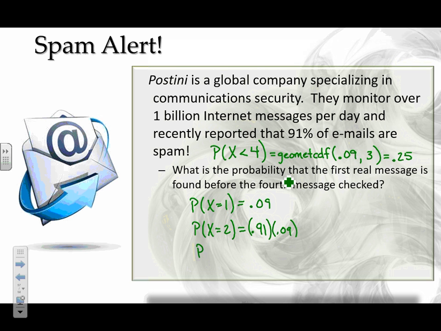And then you have to do the probability that x is equal to 3, which would be 0.91 squared times 0.09. And then you have to add these three together. So the CDF doesn't just multiply by a certain constant, it actually calculates each of these individually and then adds them all up for you. Okay?